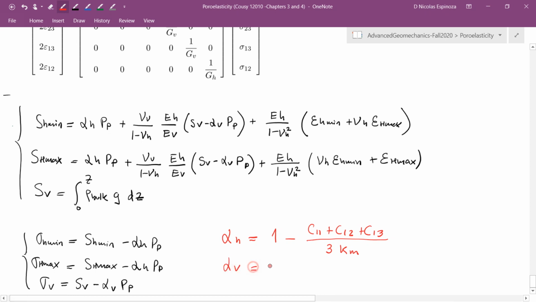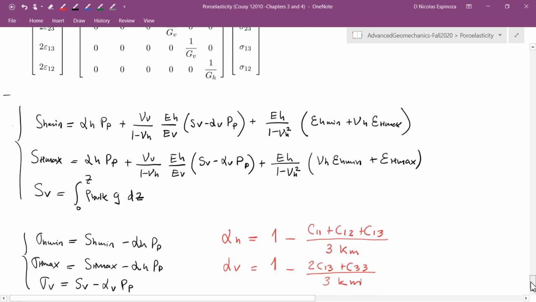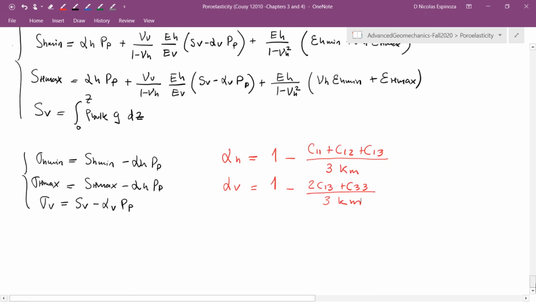Alpha V is similar to this, but now I have parameters C13 and C33 divided by 3 Km, and an equation that, these two you may find in many papers.